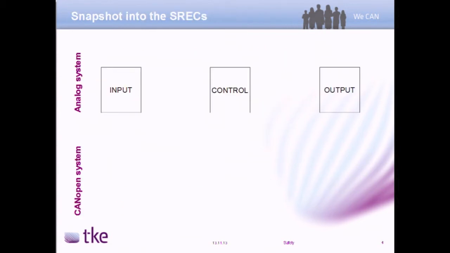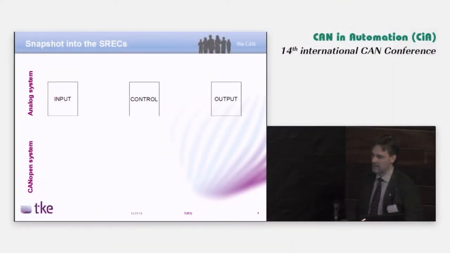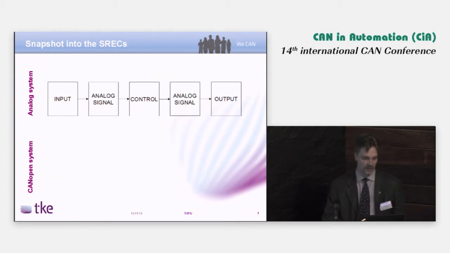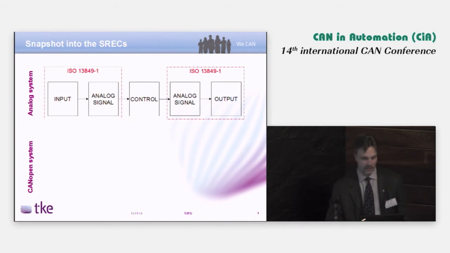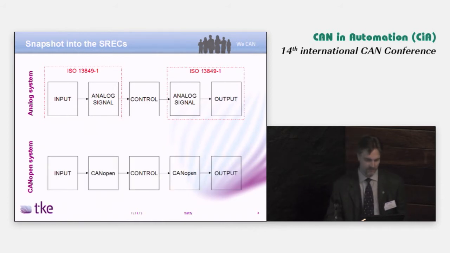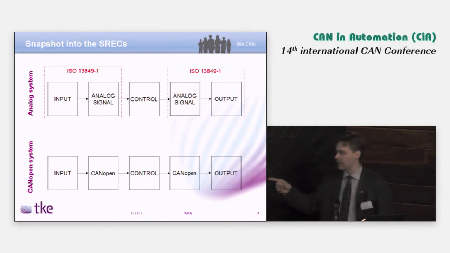But let's start. The functional safety standard provides this kind of view. There are actually 3 functional blocks to be analyzed: input, processing, and output. But not only those. It's also clearly defined that interconnection means shall be analyzed. In more traditional control systems, it's quite simple because there's only a single standard covering inputs, outputs, and analog communication means. In network communication, the things to be analyzed are just the same.